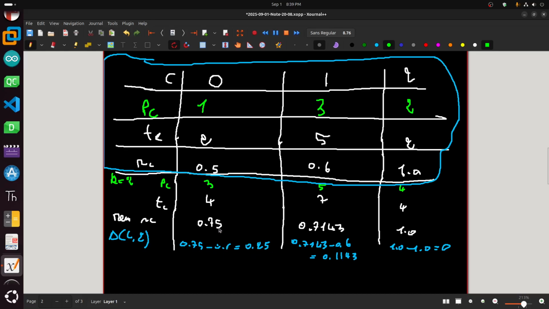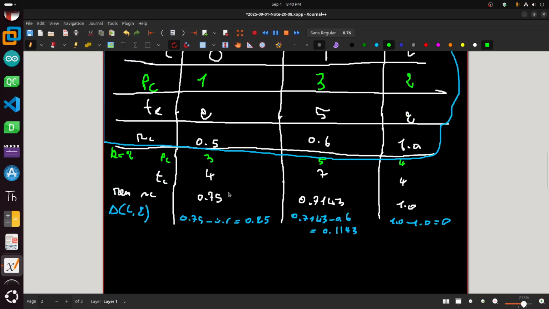The increase for the ratio here, delta C2 for class 0, is 0.25. Same for class 1 here, new ratio minus the old one, 0.11. And for the last class here, 1 minus 1 is 0. The new ratio is 1, the old ratio is 1, so the increase is 0. This is what we call delta C2.